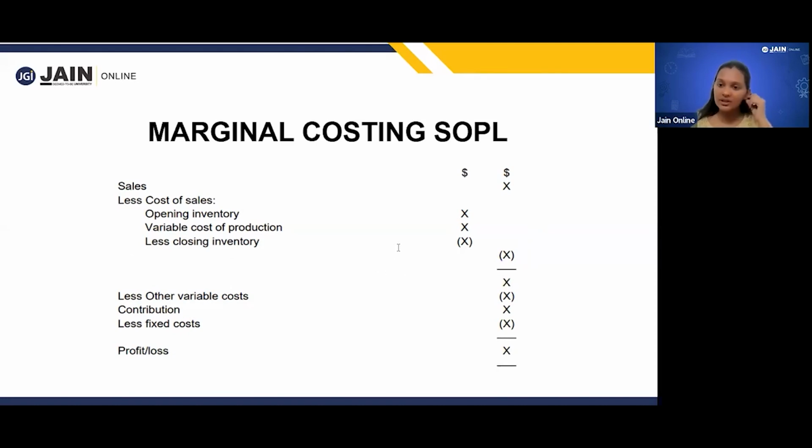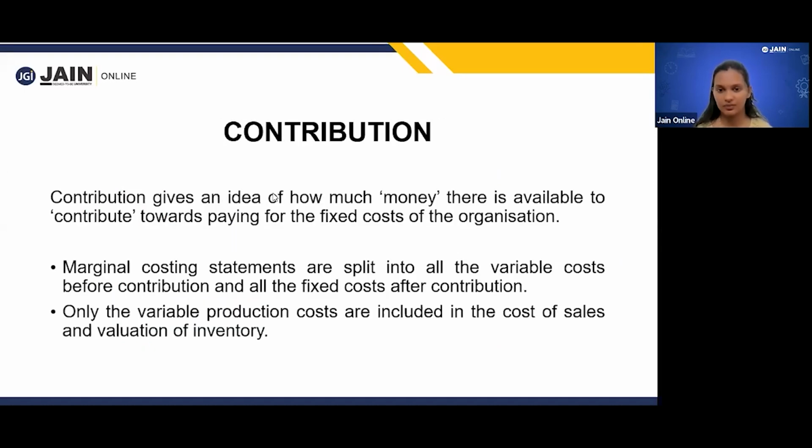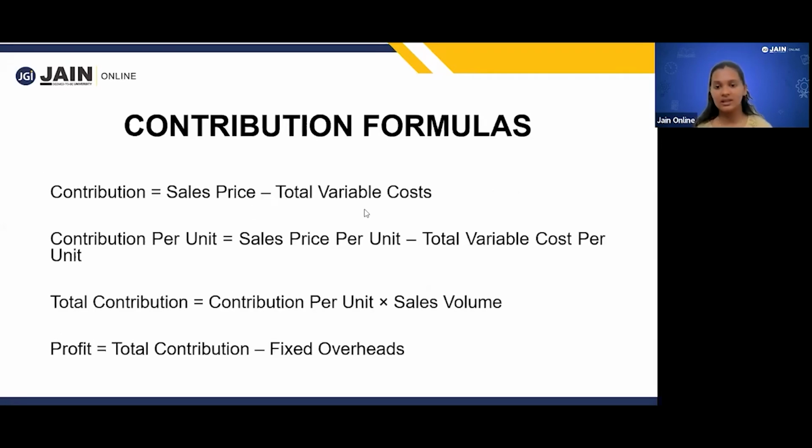I hope you all have noted it down. Can I proceed? We reached contribution over here, right? Sales minus all the variable cost is contribution. Okay. So contribution means how much money you have by selling this product to pay your fixed cost. So because it was separated as fixed and variable, contribution is equal to your sales price minus total variable cost.